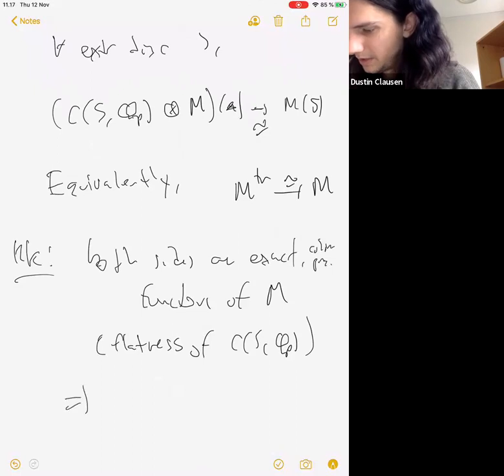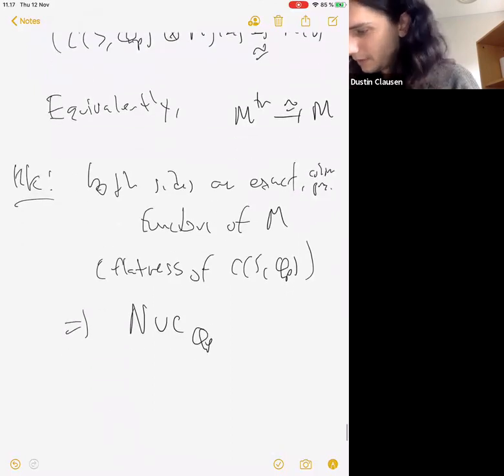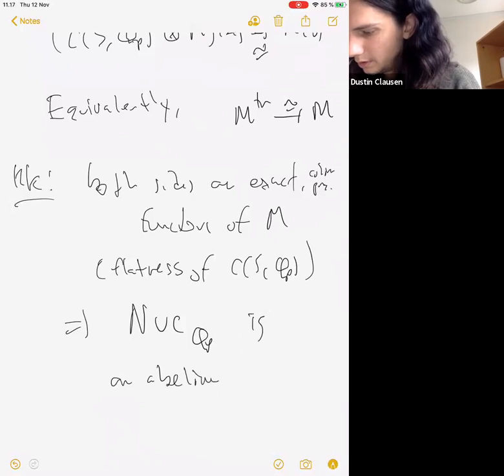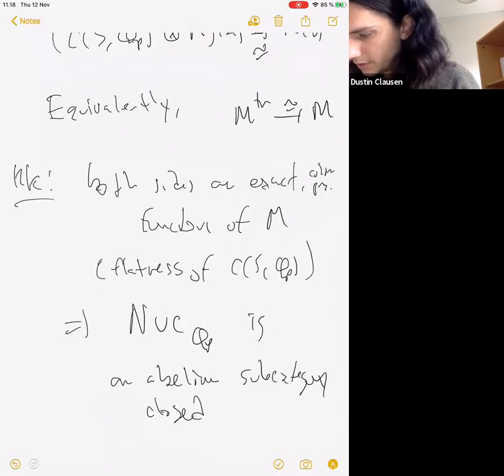That implies that this full subcategory of nuclear modules, which I'll denote Nuc(Q_p), is an abelian subcategory, closed under all colimits.